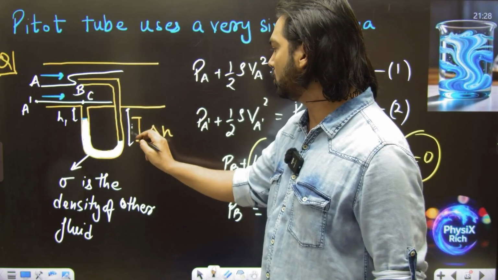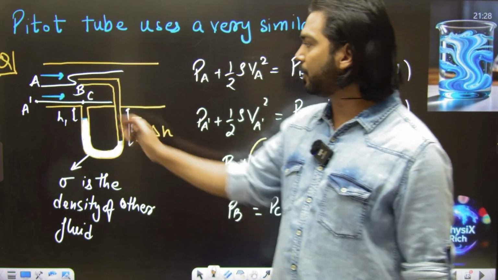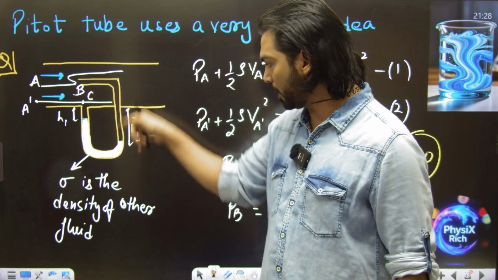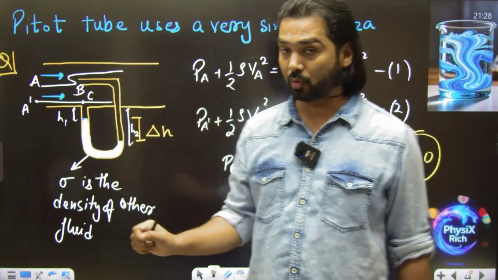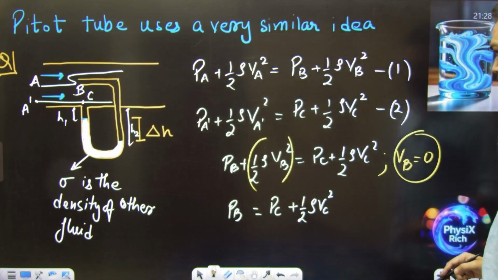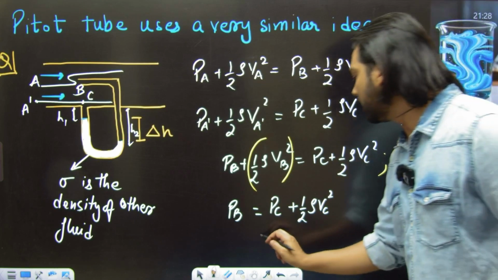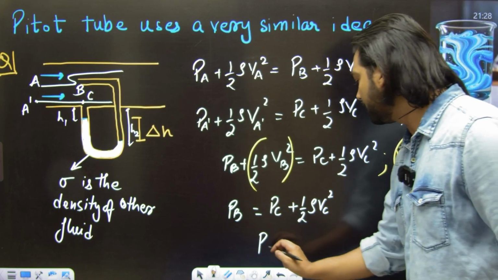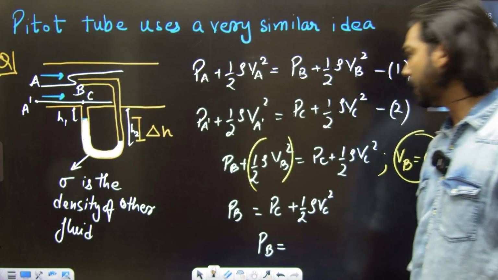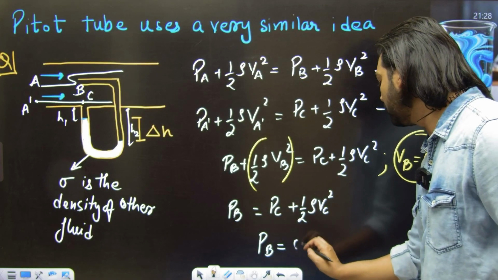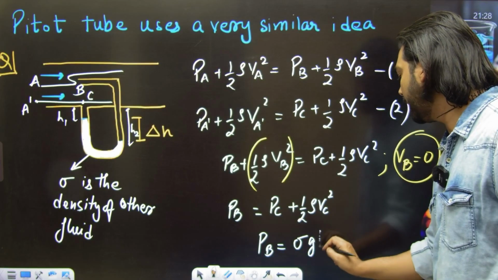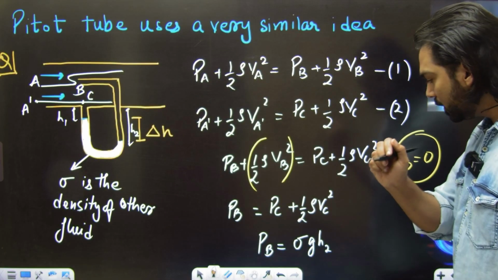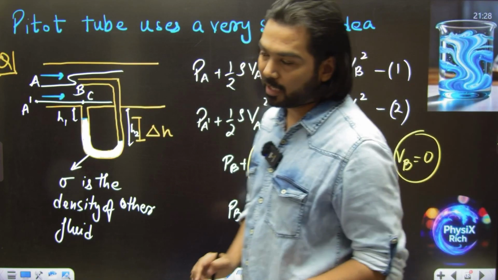This is H2. So you can clearly see that pressure at B has been able to push this white liquid down by H2. So that's why you can say that pressure at B can be written as sigma GH2.